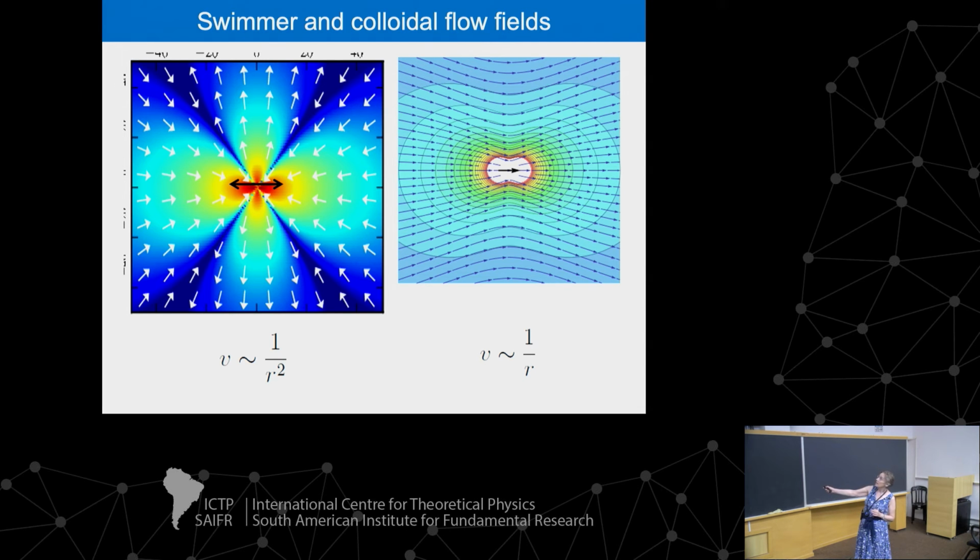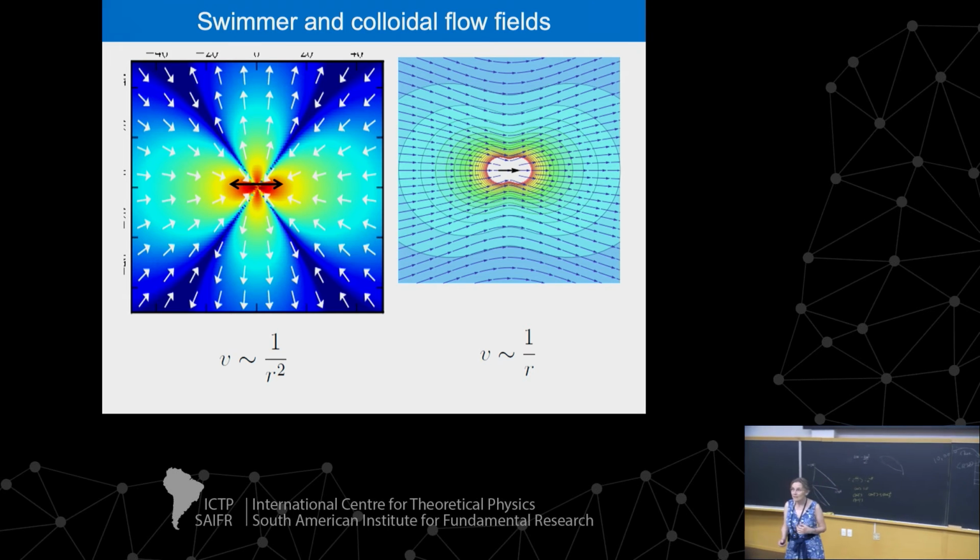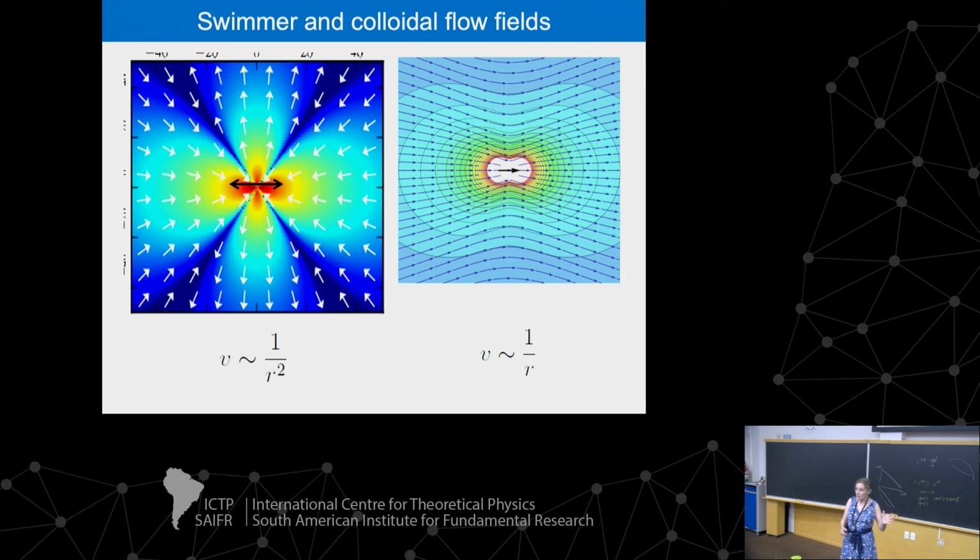Also here, the flow field goes like 1 over r, and over there it goes as 1 over r squared. Think electromagnetism, right? What's that remind you of? Dipoles, yeah. It's very much like what you do when you do a multipole expansion for a point charge.